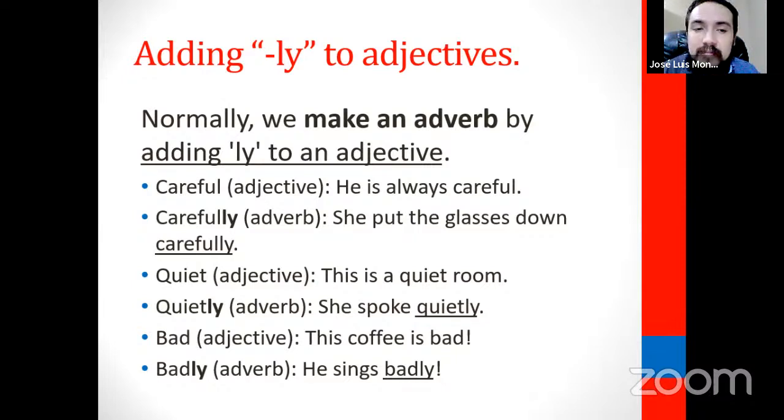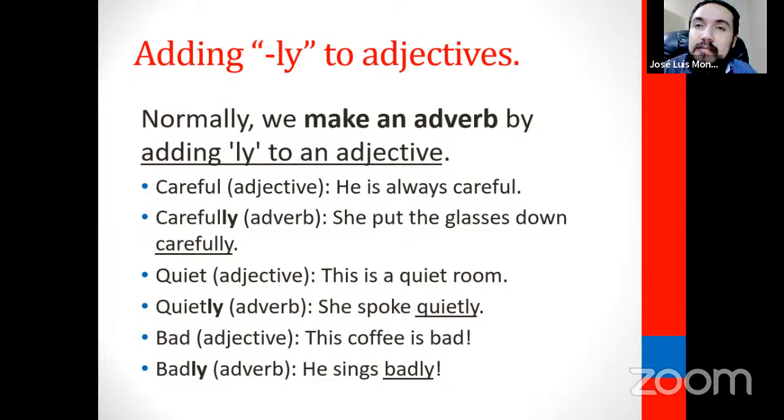But anyways, again, 90% of the cases, ly. So careful becomes carefully. That adjective careful now is an adverb carefully. So he's always careful. She put the glasses down carefully. Careful describes something. What is that?